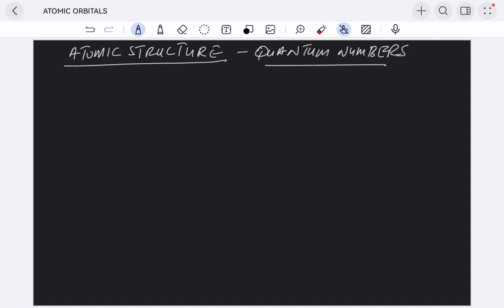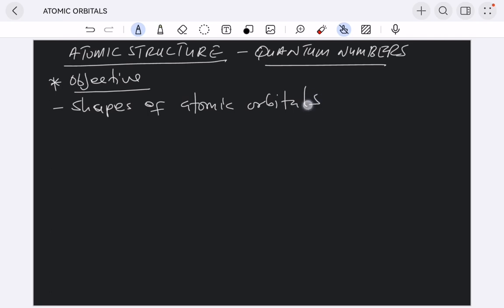So for today's lesson, our main objective is to understand the shapes of atomic orbitals. So let's quickly dive into the lesson.